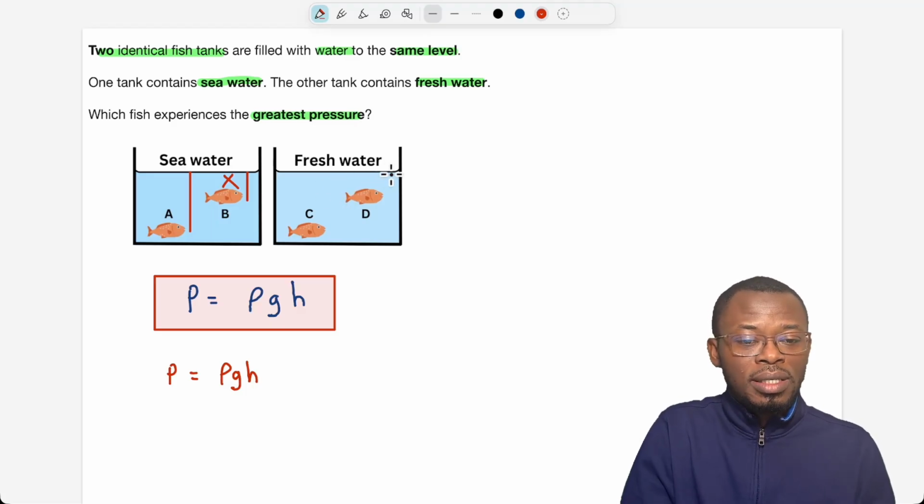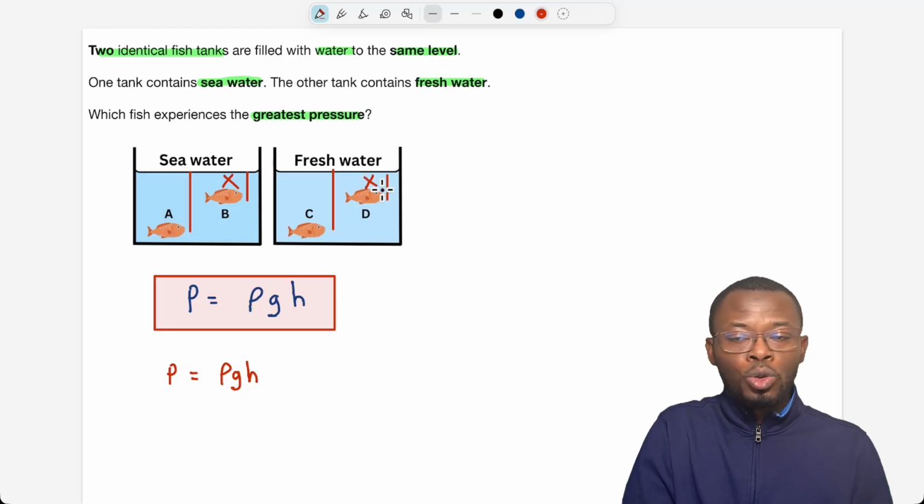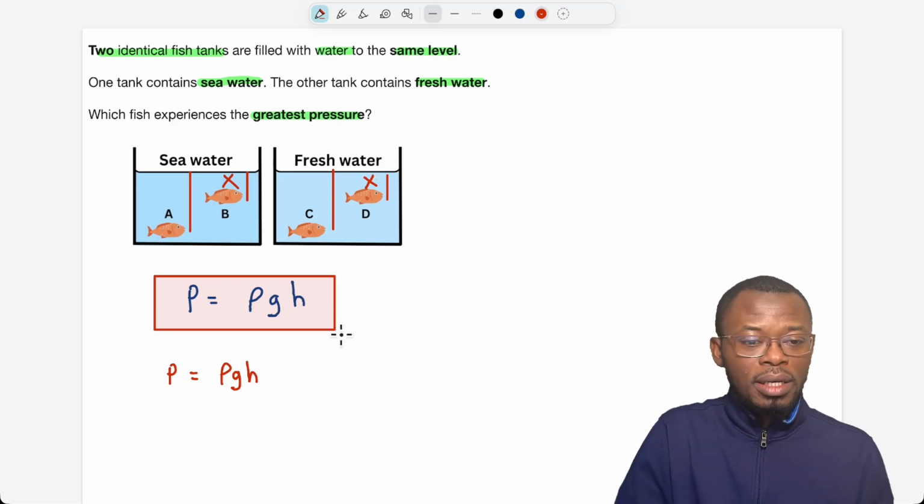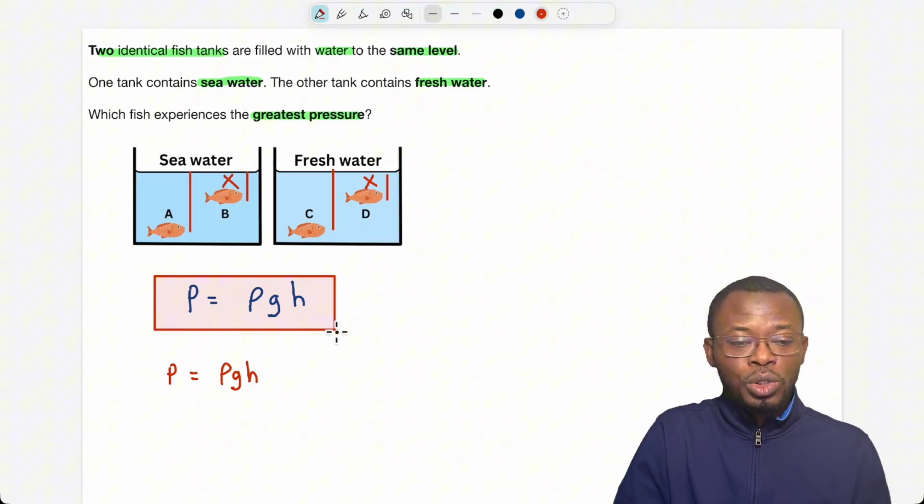In that case, we can see option D from the surface of this fluid just has this depth, and then option C is this deep inside the water. So again, we have option D ruled out because option C in the fresh water experiences the greatest pressure. All right, now we have eliminated two options and we are left with two options.